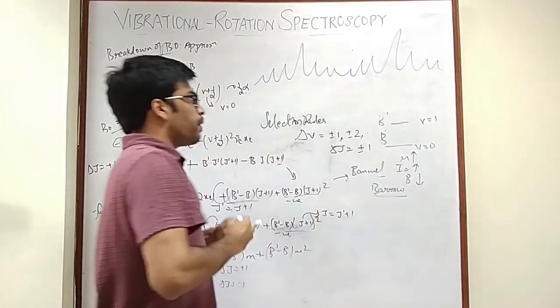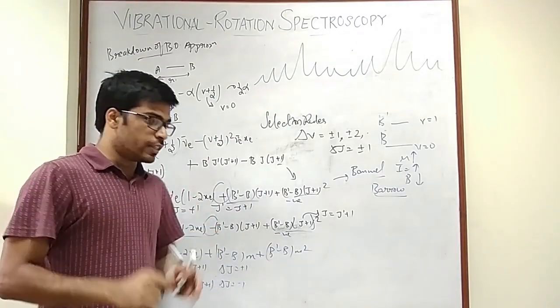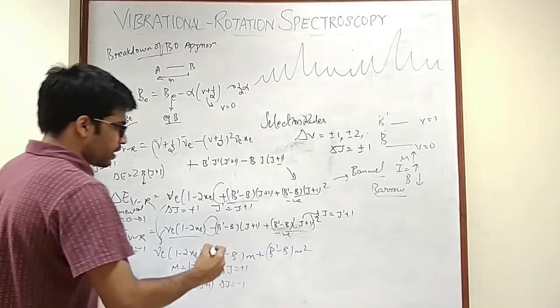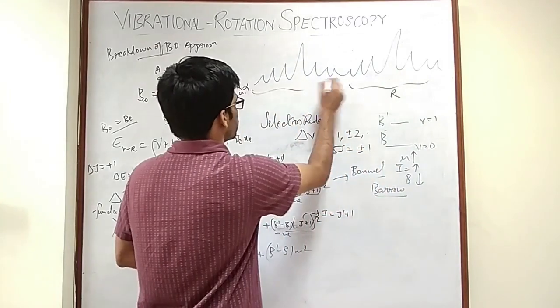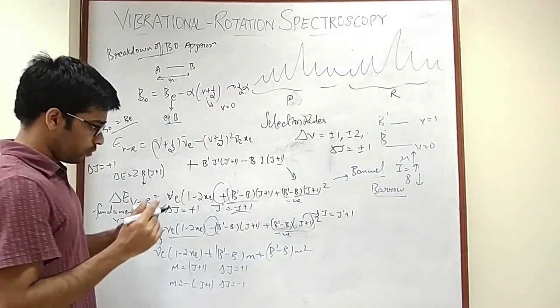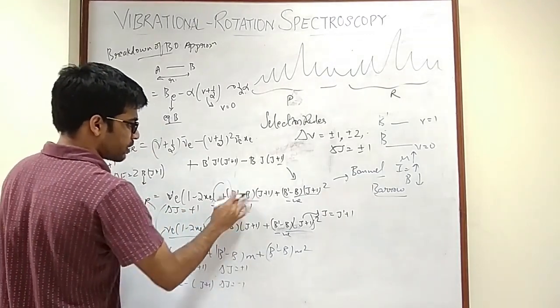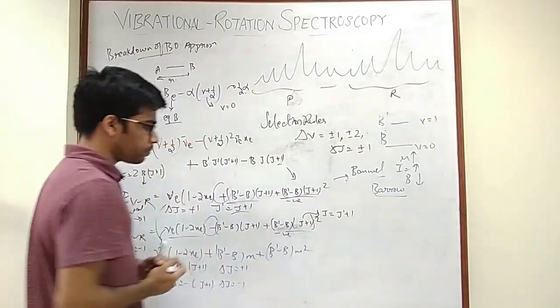The pattern of the spectra is still going to remain the same. There is going to be no change in that. But what is the change that you're going to see? Now let us consider the case of J plus 1. That means I'm considering this case which are R lines, and this case which are P lines. In the R lines, there is some increase and there is some decrease because of this negative part.